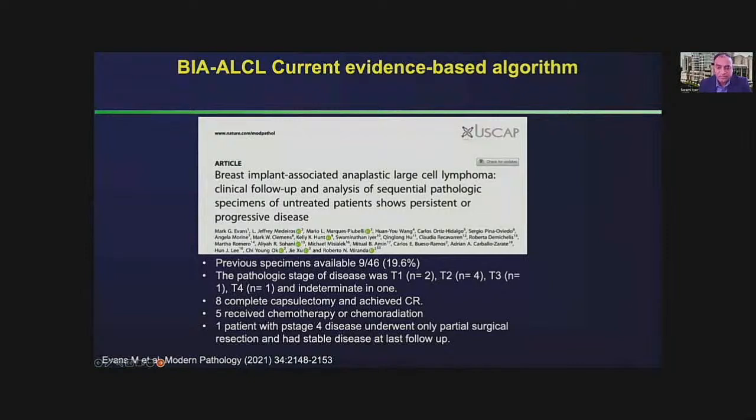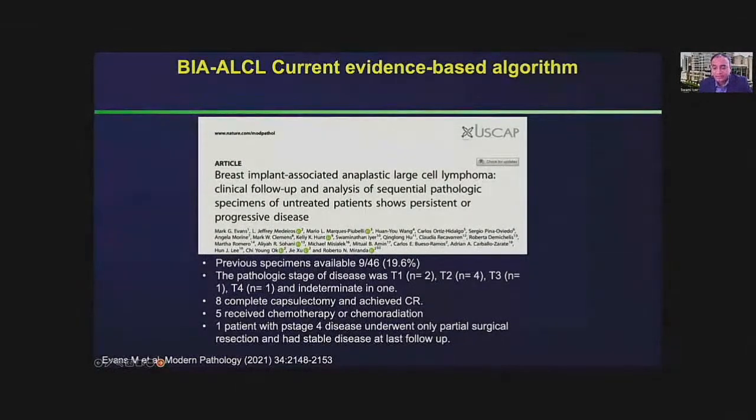Dr. Roberto Miranda and several others have looked at what happens to patients when they do have recurrence in a scenario such as this. For whatever reason, the microscopic nature of the disease was not evaluated adequately. So with breast implant-associated ALCL, an analysis of the sequential pathologic specimens of untreated patients: when you go back and look at these 46 patients that had recurrence, 9 of them had available material.